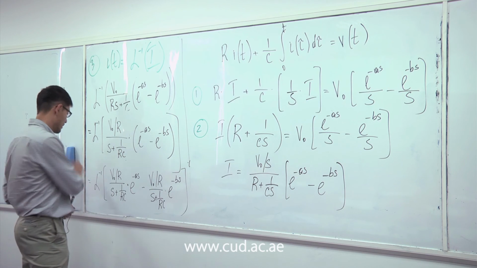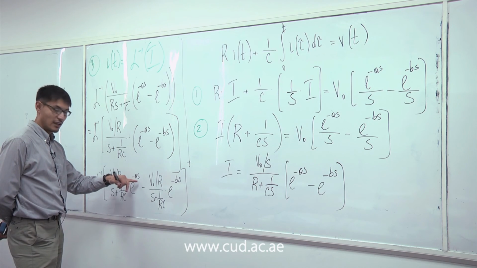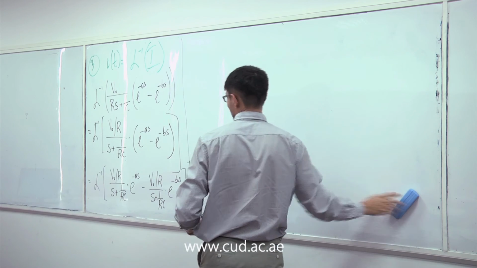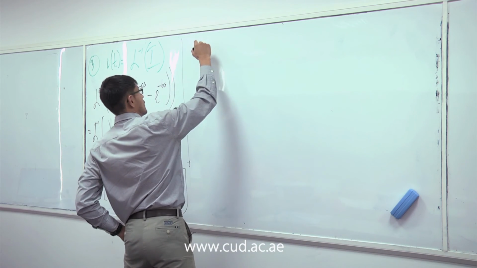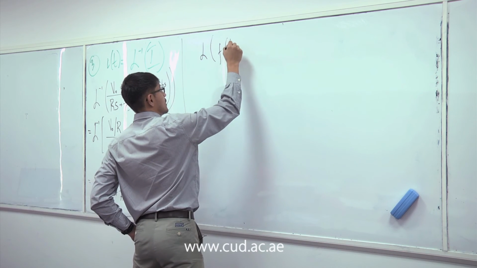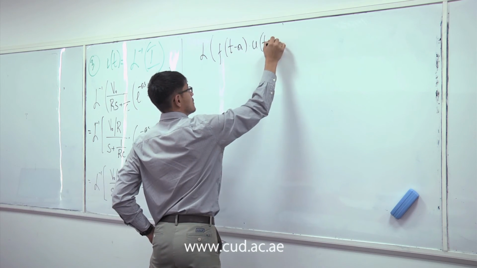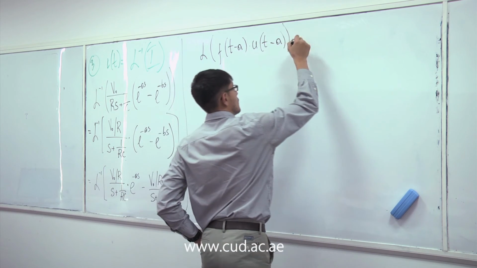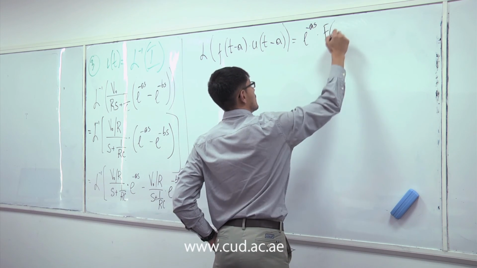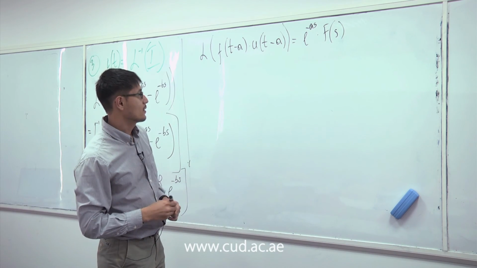Well, remember the formula where we had e to the minus as times capital F, and we wanted to find the inverse. I'll write down that formula down here for your convenience. This is for t shift. f of t minus a times u of t minus a was equal to e to the minus as times capital F. This is the t shift formula.